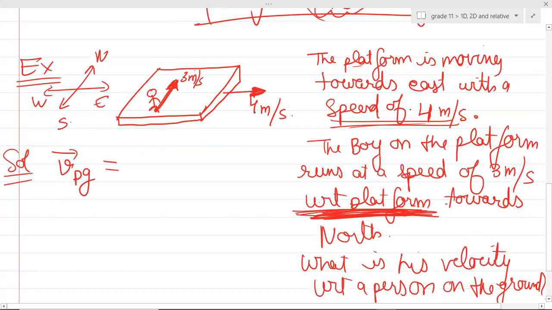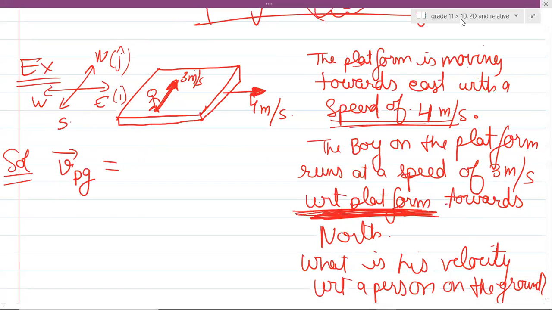Since it is moving towards east, shall I just name this as I cap and this as J cap? Is this fine, guys?